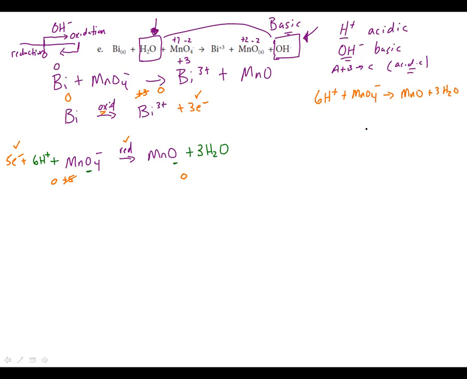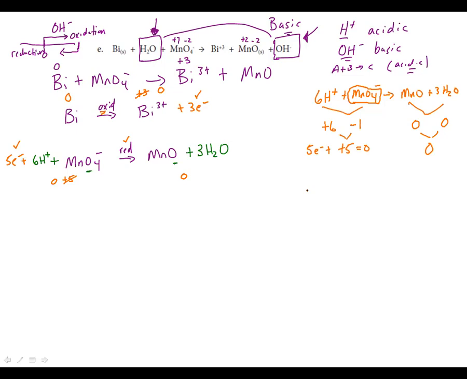So this guy here is going to contribute +6. Again, this entire polyatomic ion all together is only a -1 charge. And that all together gets us to +5. While on this side, this guy is 0, is neutral. This guy is 0, which gets us to 0. So again, to balance it out, that's why we needed the 5 electrons, which basically will get us to 0. Other questions on that?